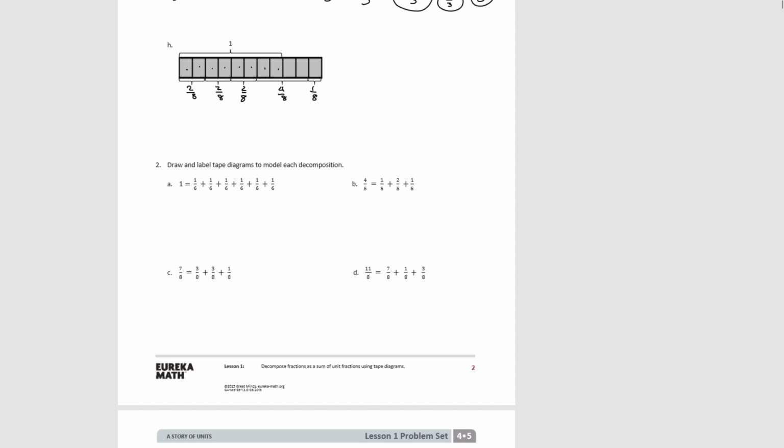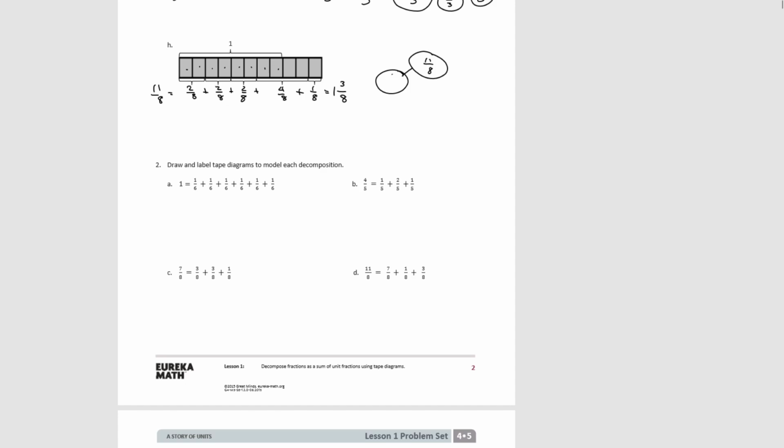So in total, we have shaded in 11/8, which we see is equal to 1 whole and 3/8. So we could use either one in our tape diagram.